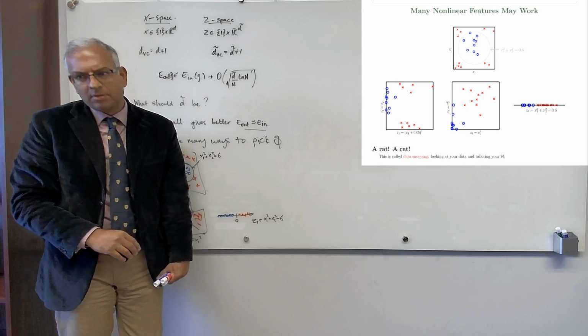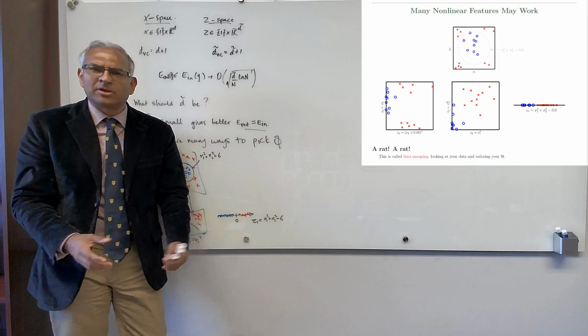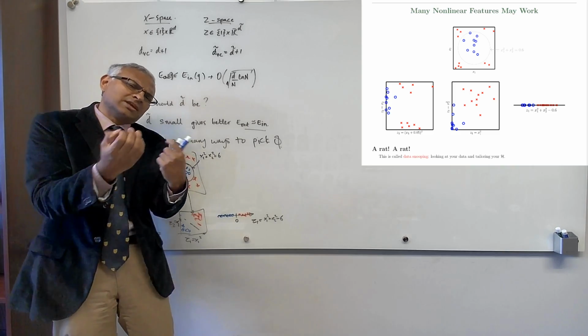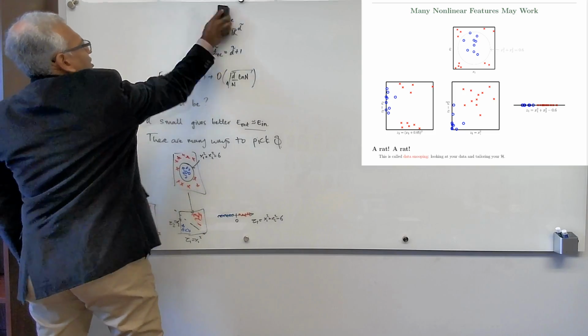Okay? And so let's discuss how you can actually use the feature transform in practice, because isn't the feature transform supposed to get you E_in close to 0? So, using the feature transform.